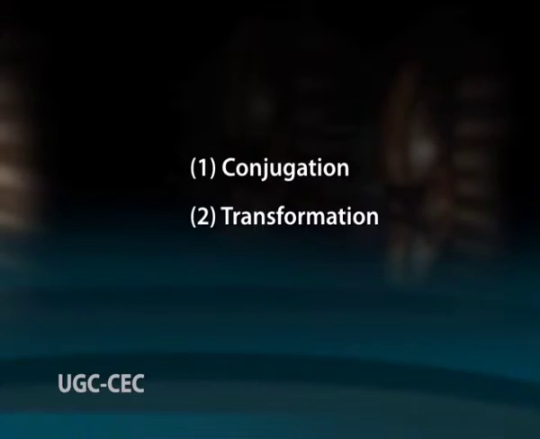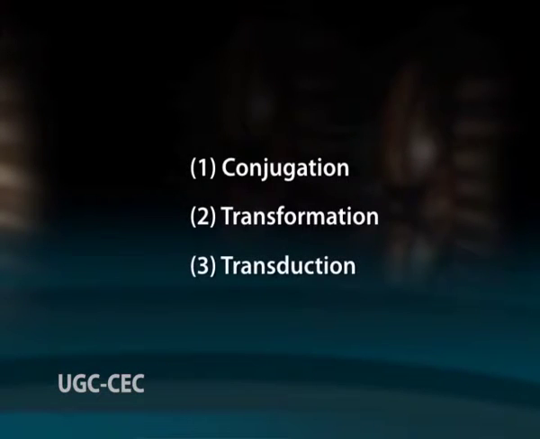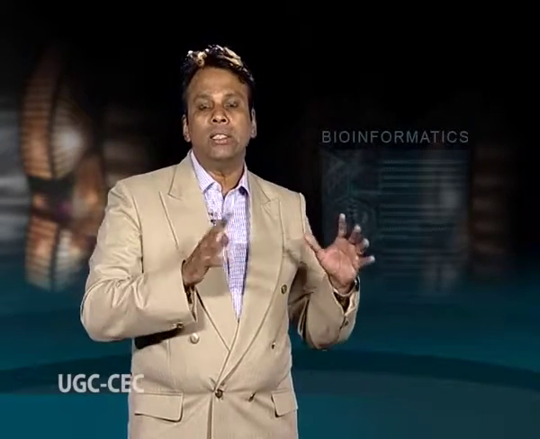Transformation, which involves the introduction of genetic material into a bacterial cell. And 3. Transduction, which occurs when a bacterium's genes are carried from a donor cell to a recipient by a bacteriophage.